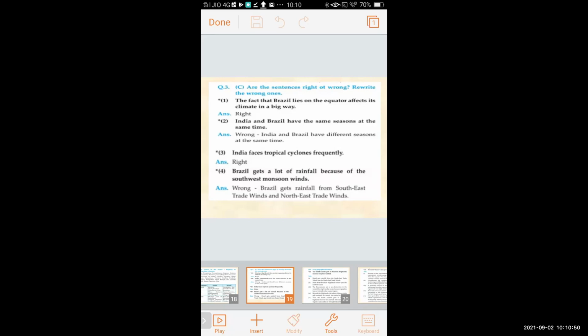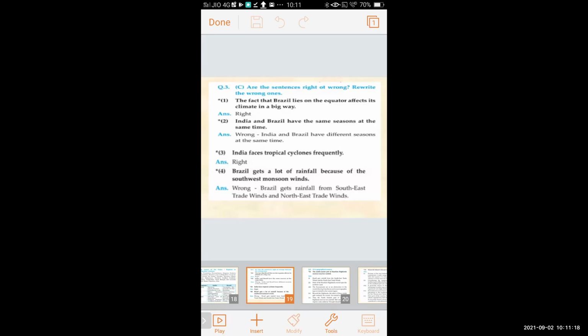So the winds that bring rainfall to Brazil are the southeast trade winds and the northeast trade winds. If the question says Brazil gets a lot of rainfall because of the southwest monsoon winds, it is a wrong statement. Brazil gets rainfall from the southeast trade winds and the northeast trade winds.